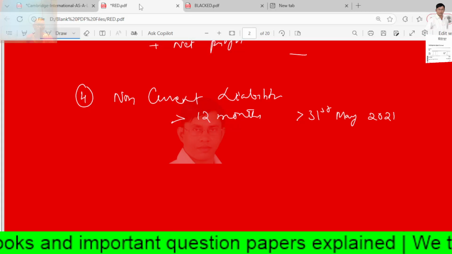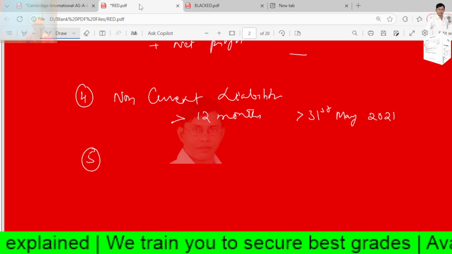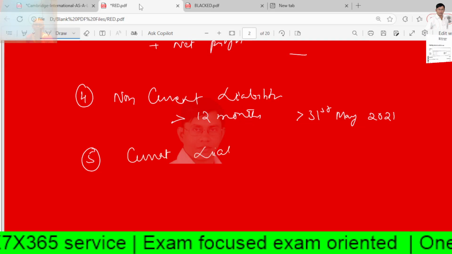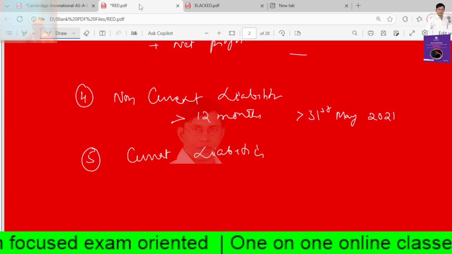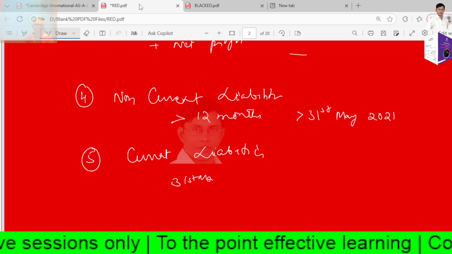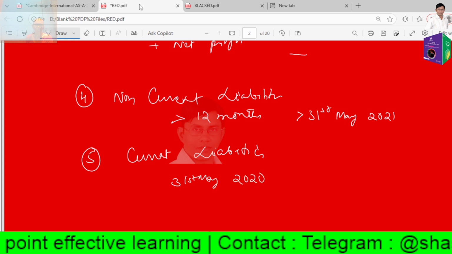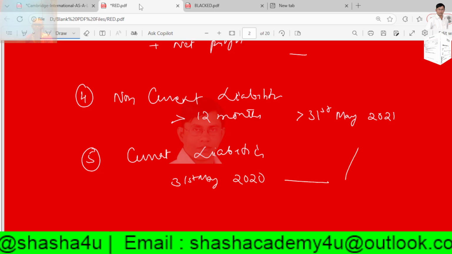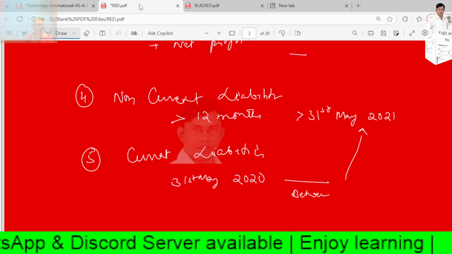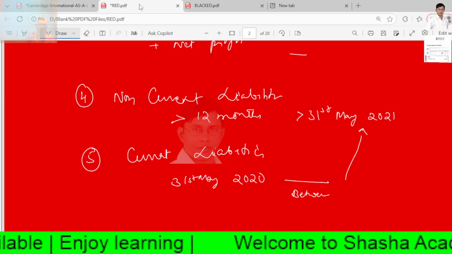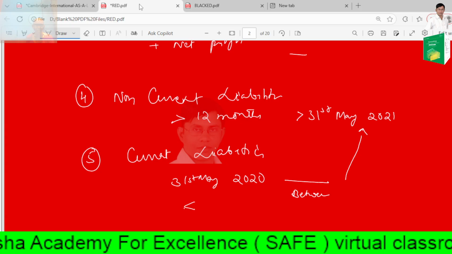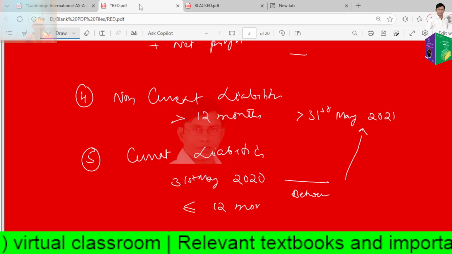You know what liabilities are, right? Liabilities are something we owe. So what are current liabilities? Current liabilities are liabilities that are payable within 12 months. If there is any amount outstanding on 31st May 2020 and it is payable between this period and this period, it is a current liability, so less than or equal to 12 months.